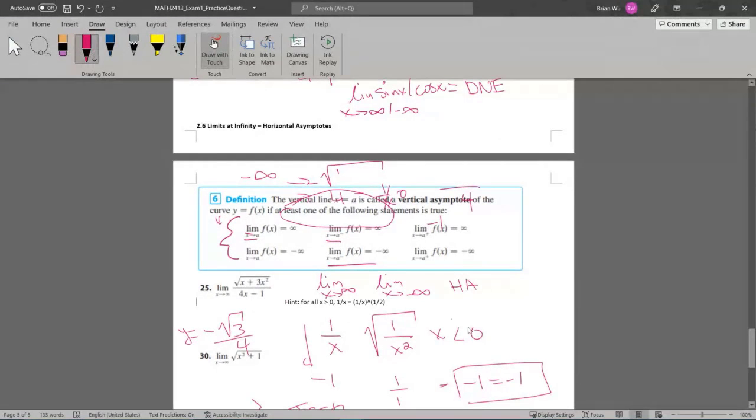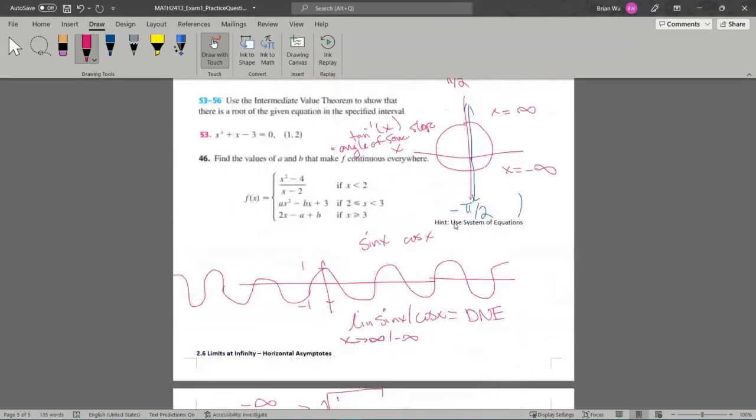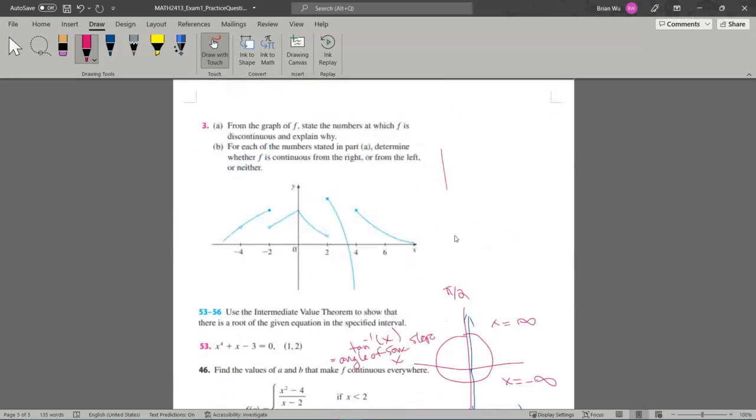So basically, if you have at least one of these statements, and note that it's a little bit messy, but if at least one of these is true, then you can prove a vertical asymptote. So let's say you had a split function, or one that kind of looks like this. If they're different, you can't necessarily use the limit as x approaches just a.